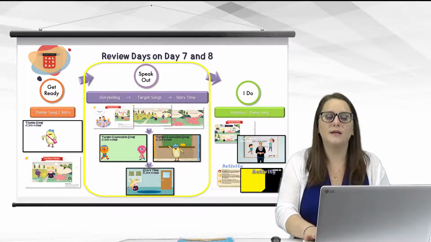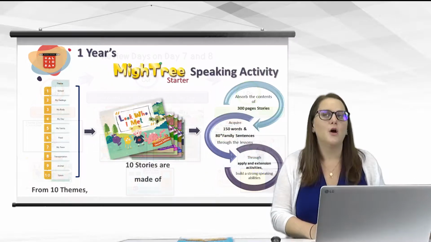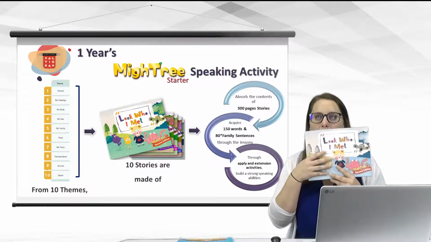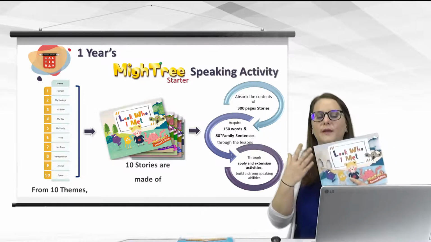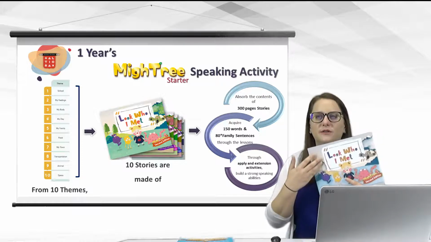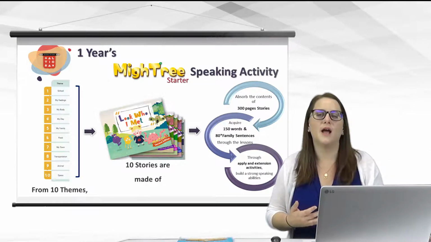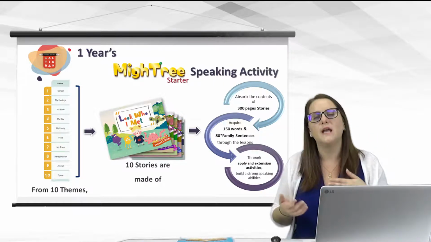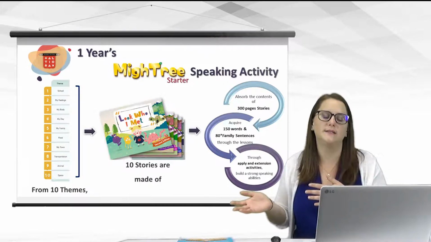Now, let's break it down a little bit more with the MighTree program. With the starter program, you're going to have 10 of these books. Throughout the entire program, they're going to be able to acquire language, expressions and vocabulary over 300 pages of these stories. The goal is also about 150 words and about 80 or so family sentences through these lessons.